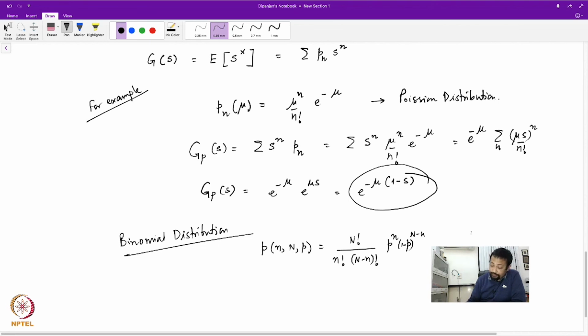So here what we have done is we have written p plus q equals 1 because there are only two possible states, and q is equal to 1 minus p, and we have replaced it over here.